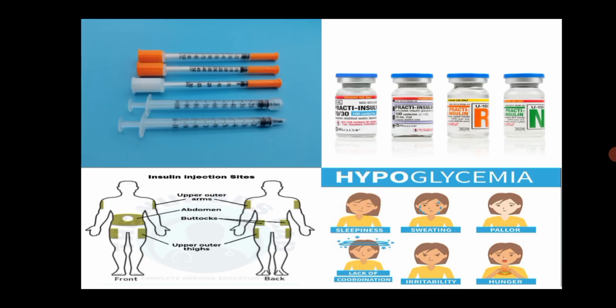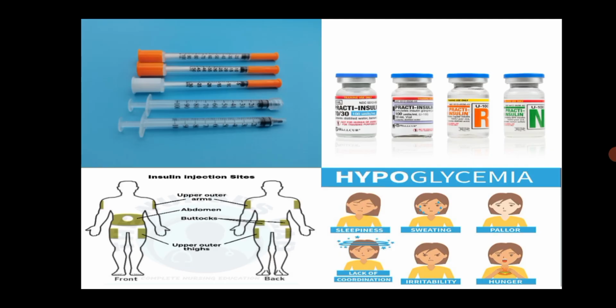The third one we said is called intermediate acting insulin. An example of intermediate acting insulin is neutral protamine Hagedorn, abbreviated as NPH. Its characteristic is that it is cloudy.